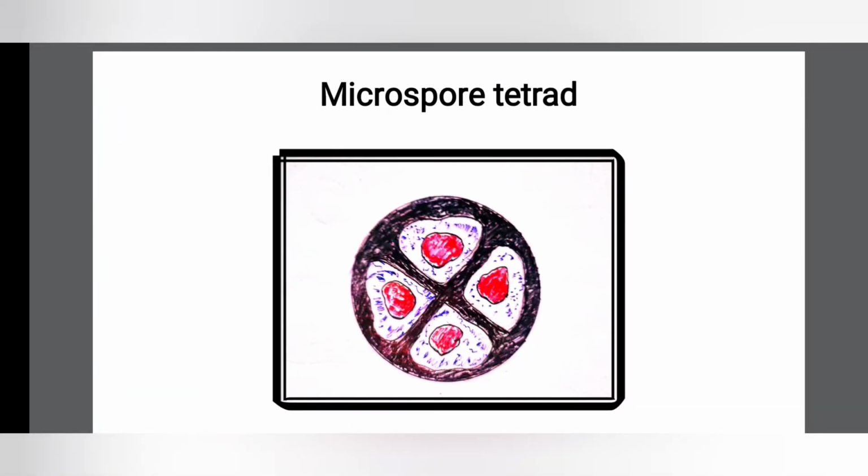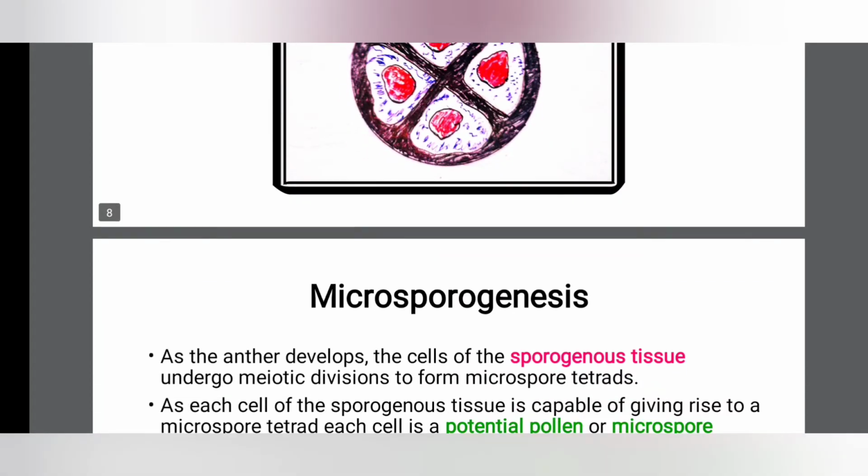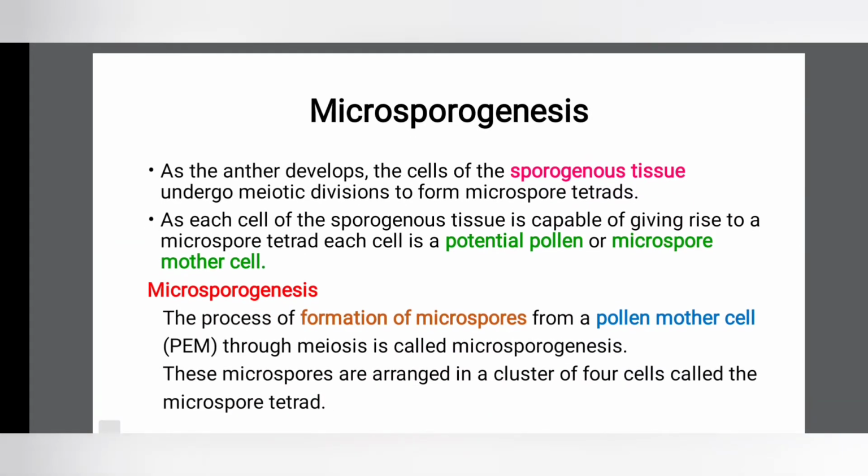Here comes a picture of a microspore tetrad. What is meant by a microspore tetrad? Four microspores get clustered to form an arrangement called a tetrad. So in a tetrad, we can see four microspores attached closely to each other. Microsporogenesis.